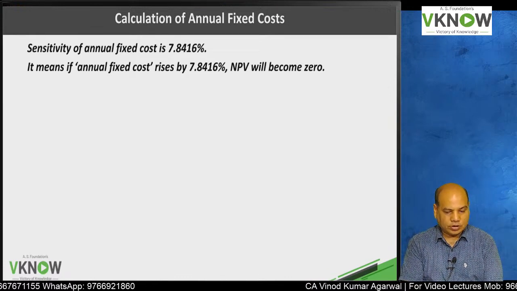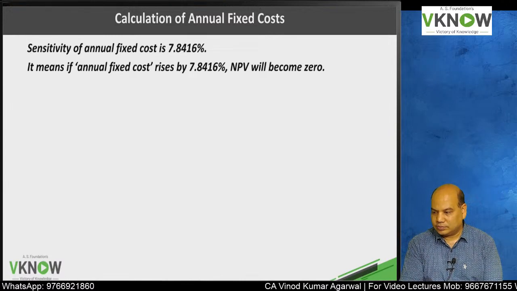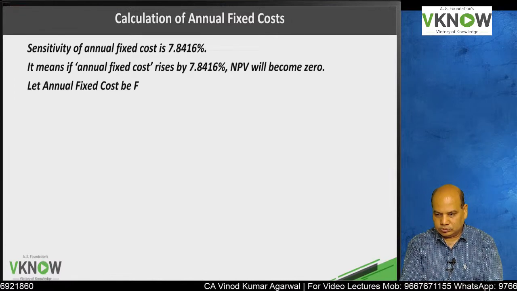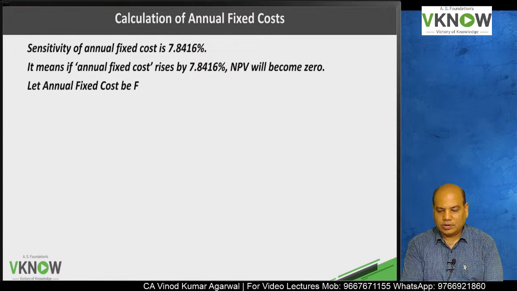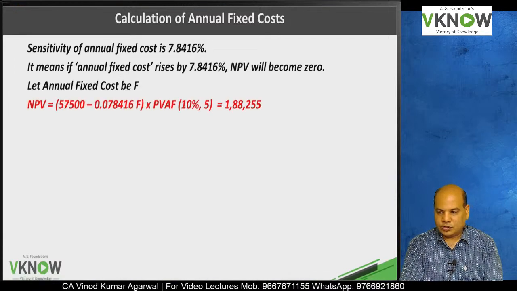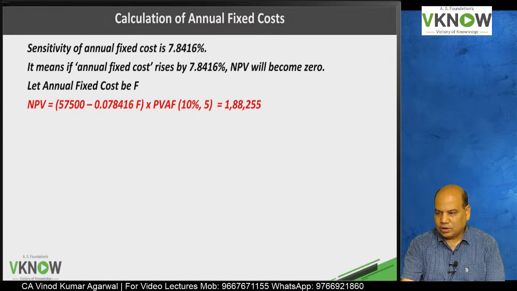It means if annual fixed cost rises by 7.8416%, NPV will become 0. Let annual fixed cost be F. So I will write an equation.